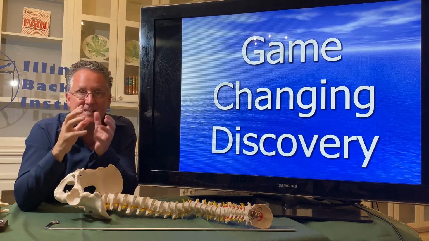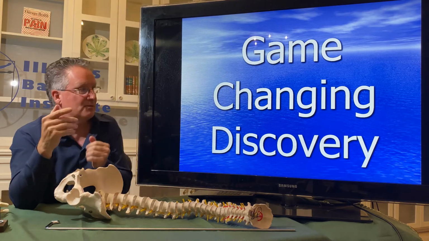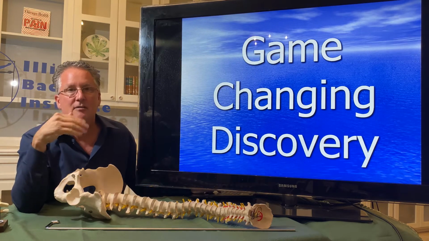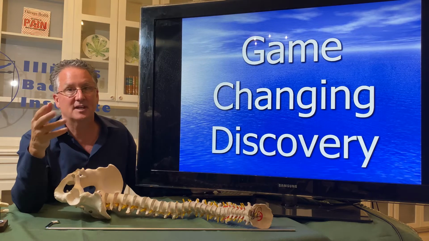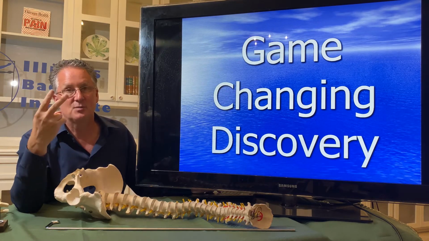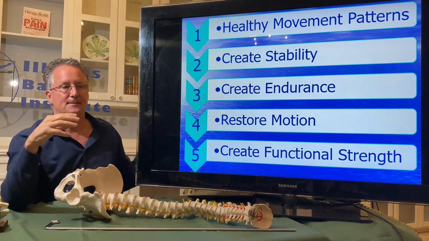So not everybody's the same. It is this bias, that we call it, that was really the game changer, because that's when we were able to identify the pattern. When we identified the pattern by using MRIs, we were able to identify the sequence of events.